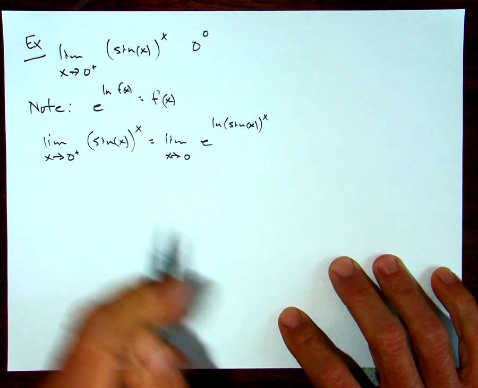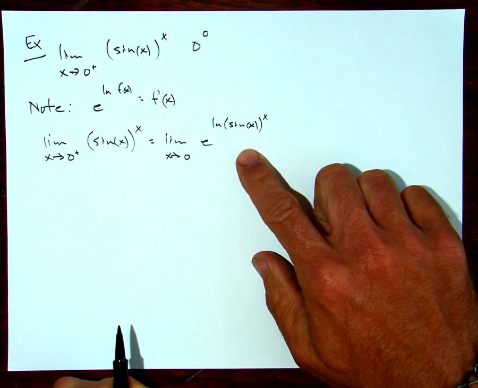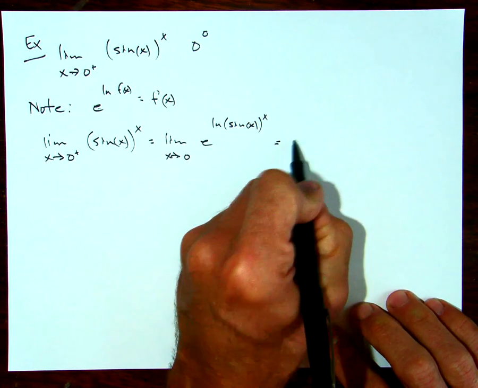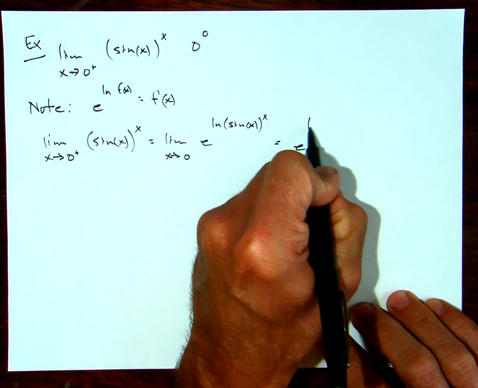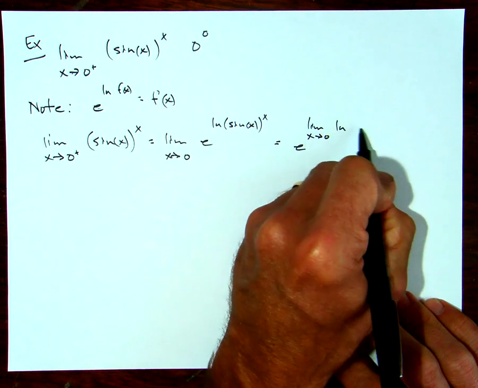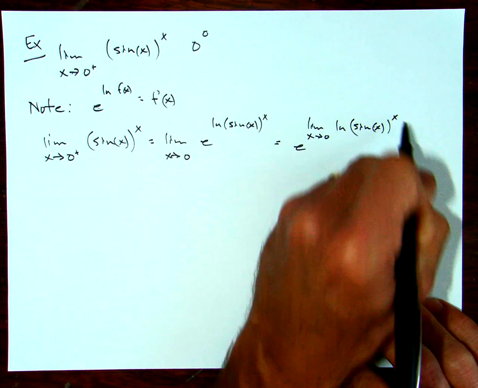All right. Using this identity, this limit and this are the same. And because e to the x is continuous, this is going to equal e to the limit as x approaches 0 of natural log of sine of x to the x.